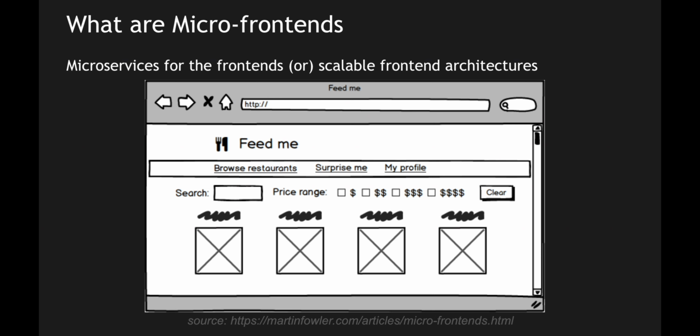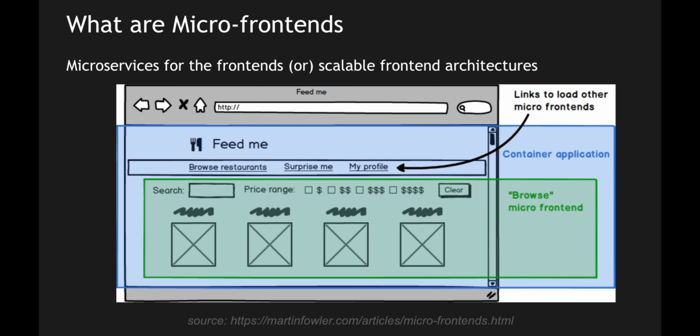Now, if I translate this to a container based app, this is how it looks like. So you have a container application which is feed me, which is the website name, and you have multiple micro frontends. For example, the whole search bar, the content is basically called as a browse micro frontend because by default it is returning some results and it is showing up in the UI. And we also have links to other micro frontends like browse restaurants, surprise me, my profile.